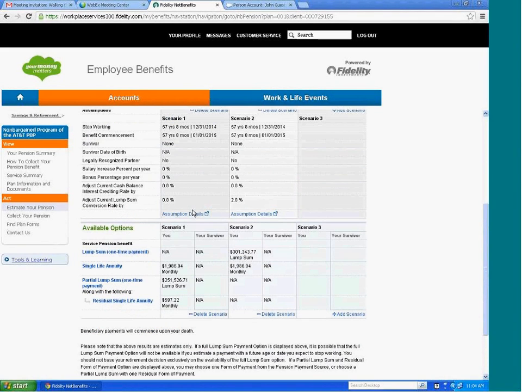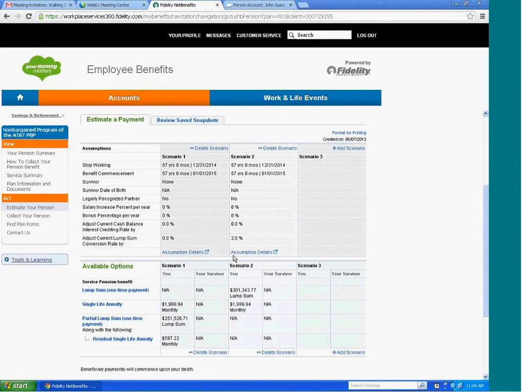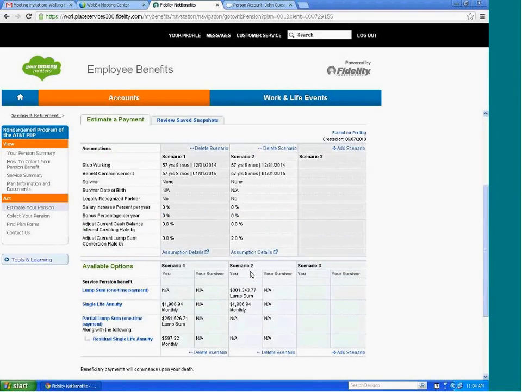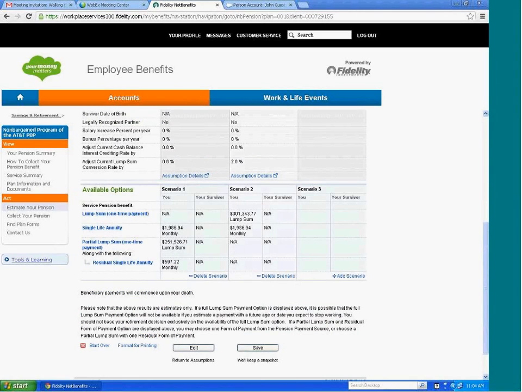Take a look here, you can see that with scenario 2, the way that it came out is that the lump sum is now a one-time payment, and the single life annuity is going to be just under $2,000 and stay the same.